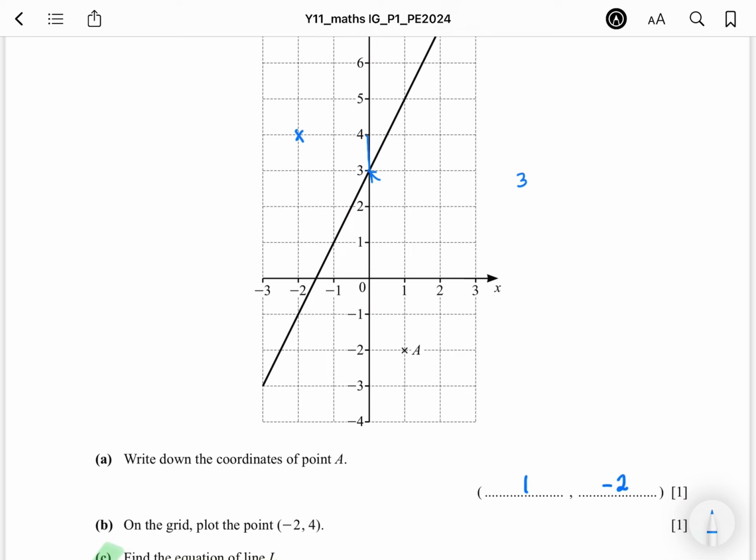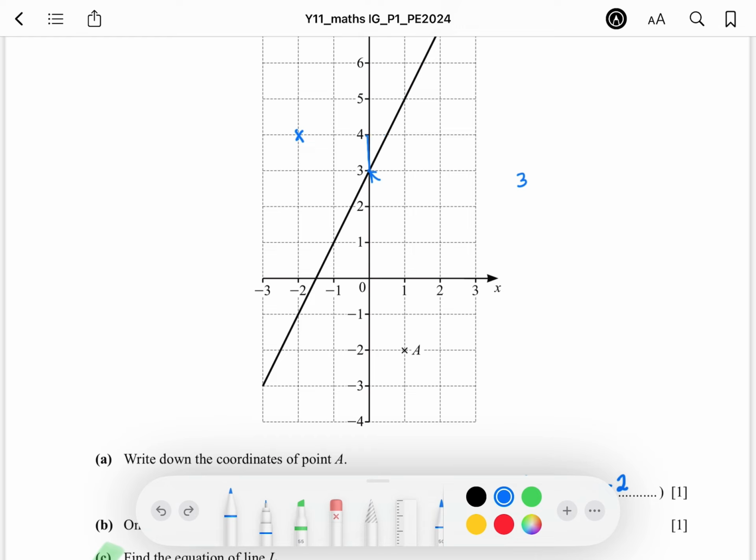I don't want to stop here because that's an awkward length. But I can go another 2. And then 2. And then 1. Positive. So the gradient is 2. So 3 plus 2x. That's it.